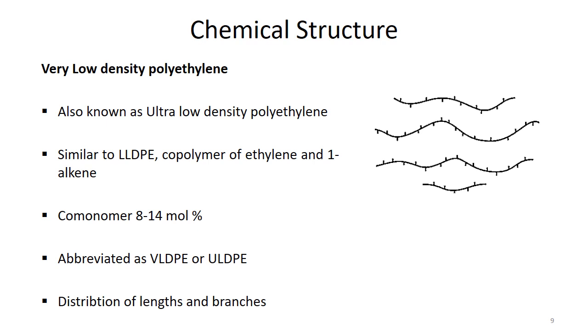These polymers are just like linear low density polyethylenes, copolymers of ethylene and 1-alkenes. The difference is that in that polymer it was 2 to 8 mole percent of these comonomers, but in this case 8 to 14 mole percent comonomers are used. We normally say that these molecules have very low density and contain a distribution of lengths and branch placements.